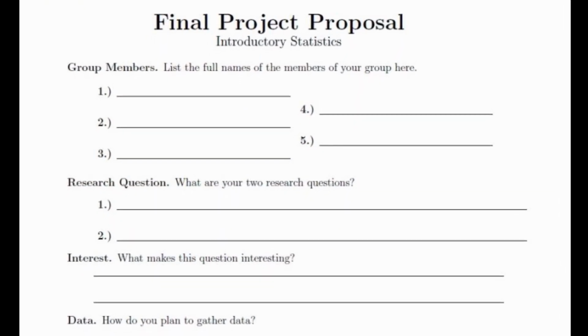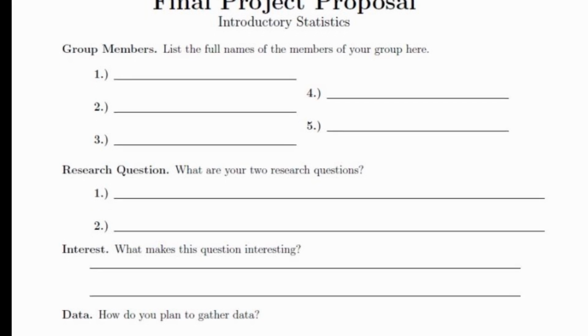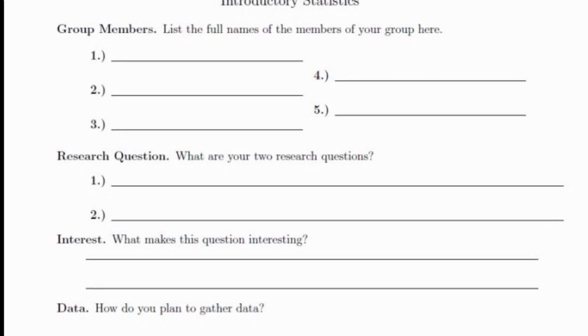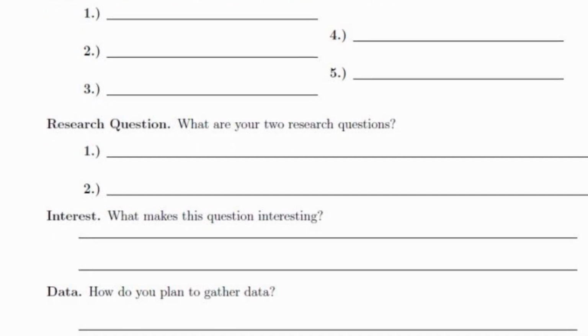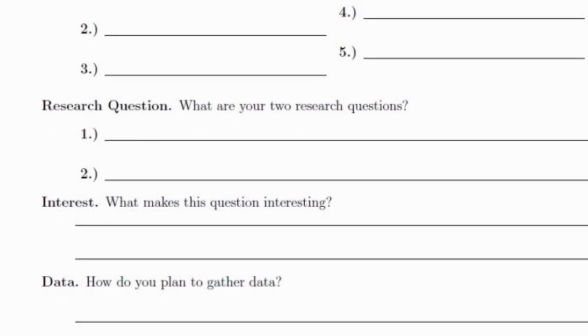Well, for starters, I'll need the names of all the people in your group. After that, you'll need to ask 2 research questions, not just 1. Now, these research questions need to come from Chapter 3 and beyond.